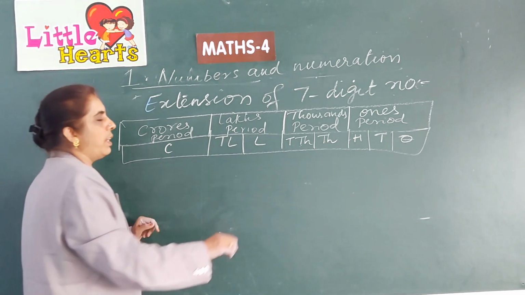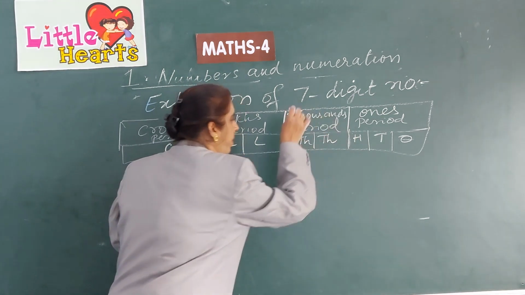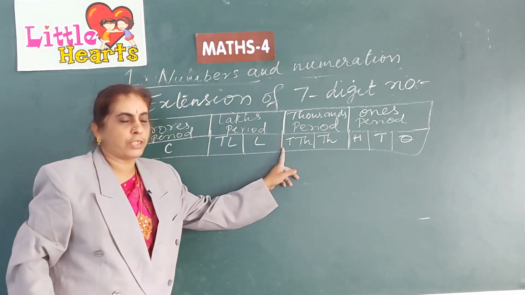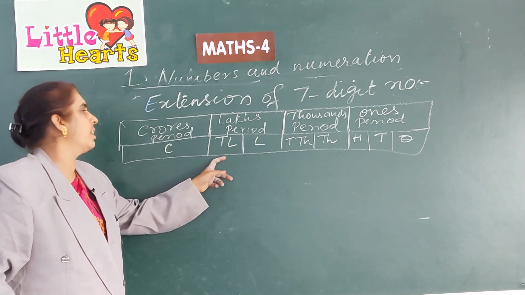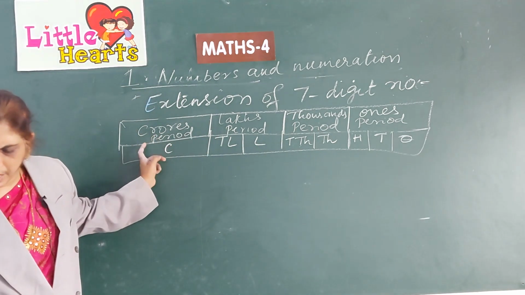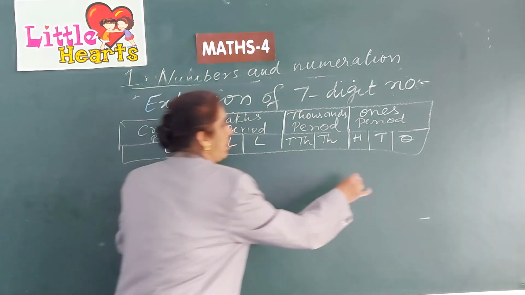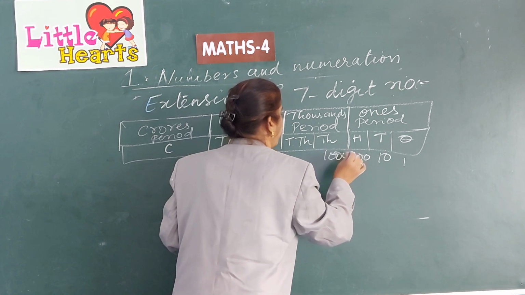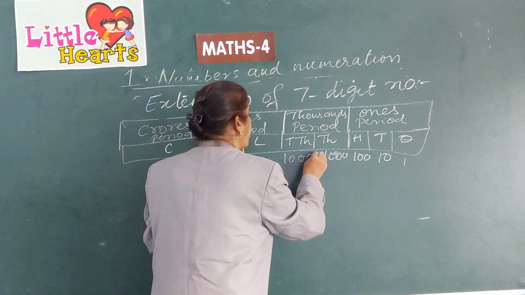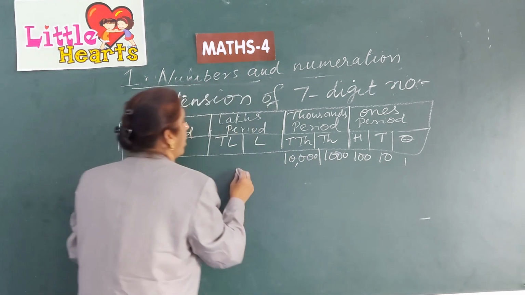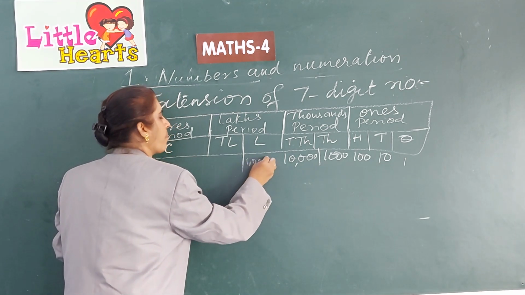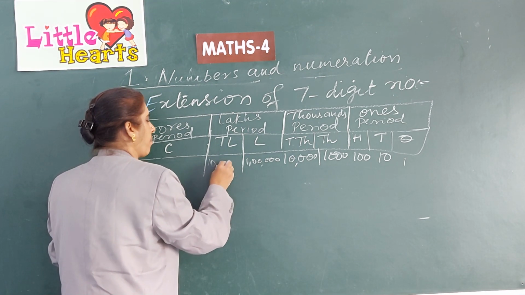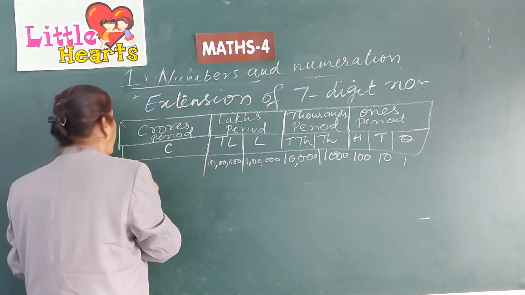So, we will insert a comma after every period. Ones period has 3 digits, thousands period has 2 digits, lakhs has 2 digits, and crores 1. 1, 10, 100, 1000, 10,000, 1 lakh, 10 lakhs, crore.